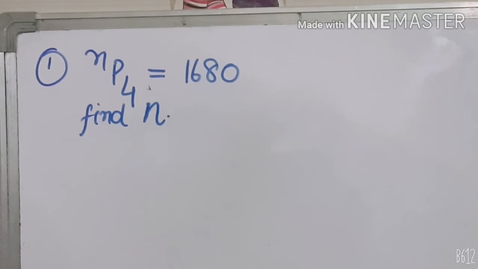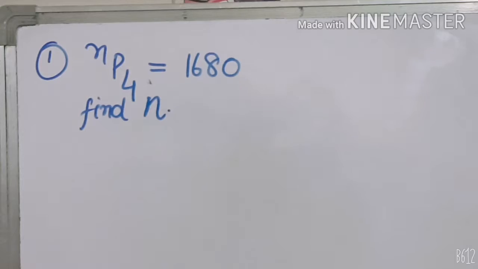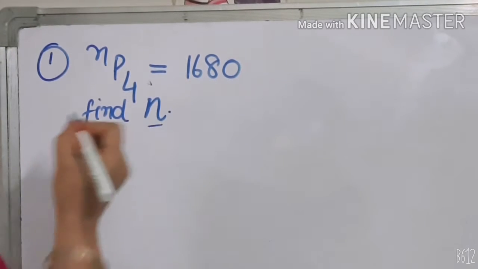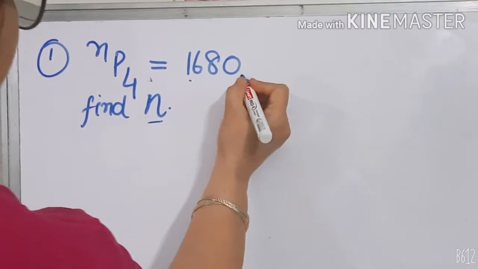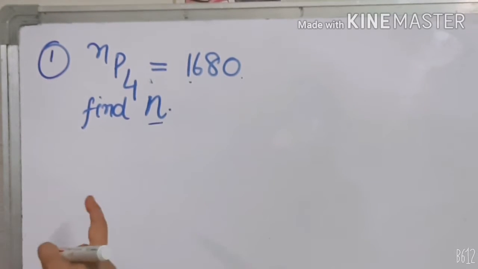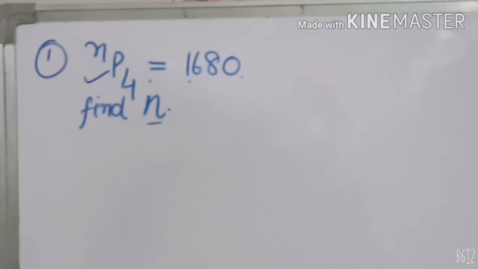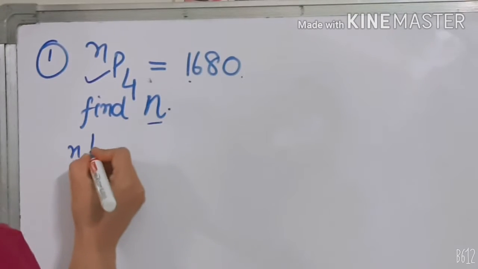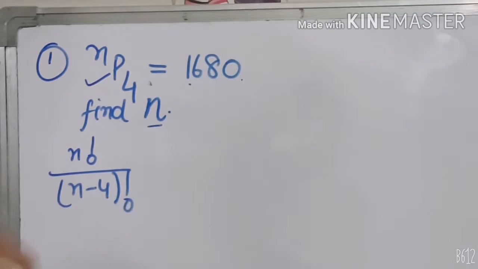First question: nP4 is equal to 1680. Find n. How to find this n value very easily? I am explaining. First, take the prime factorization of 1680. But before that, I will check it with the LHS. It becomes n factorial by n minus 4 factorial.